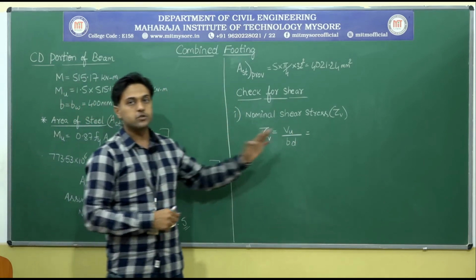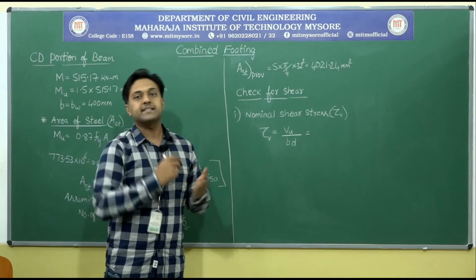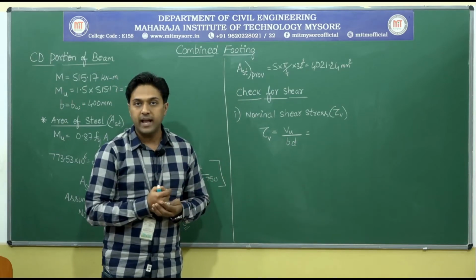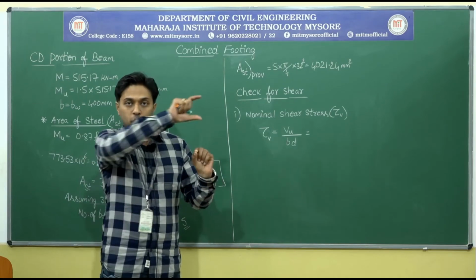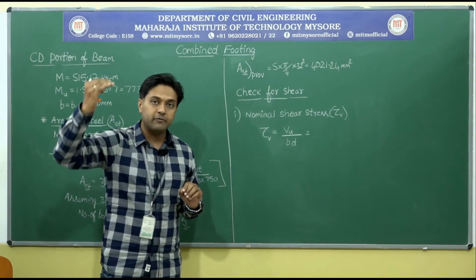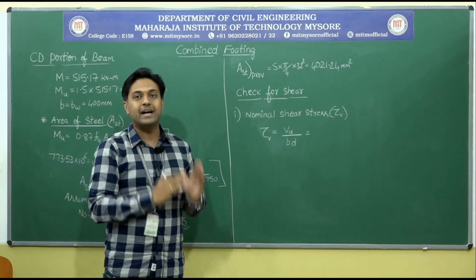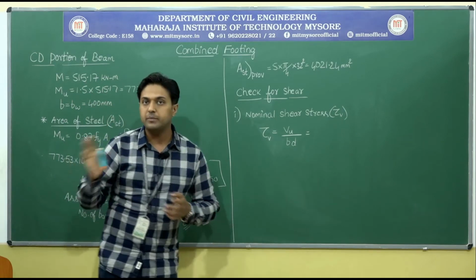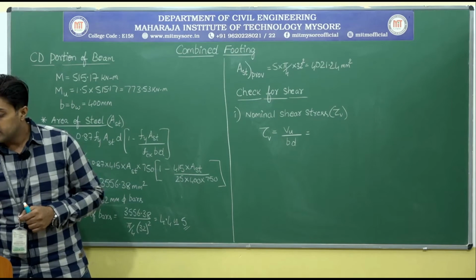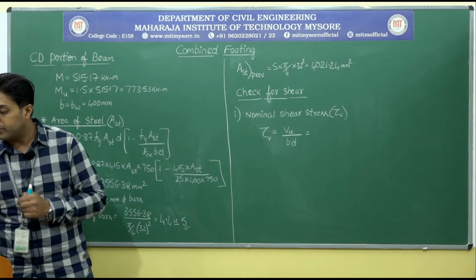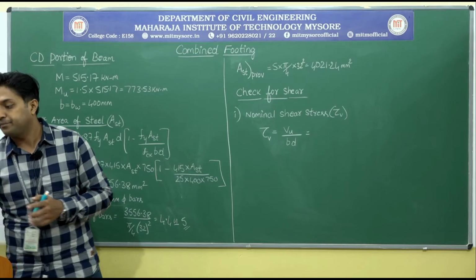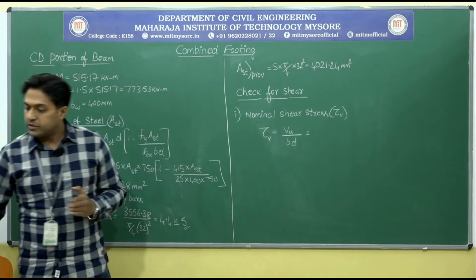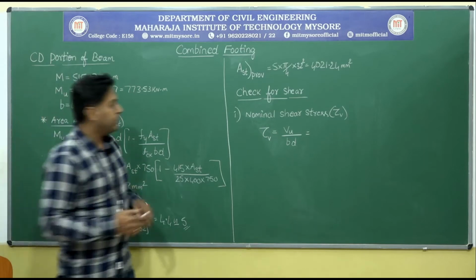Observe here. We'll go back to the SFD diagram. Throughout the SFD diagram, which particular value is higher? We'll take that particular value. So the highest value out of all the values in the SFD diagram is 657.13.